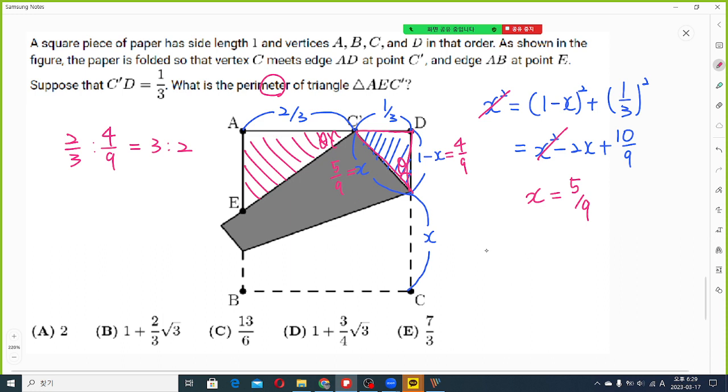14 over 9. Oh, wait, no, there's a height. 16, 16, 26 over 9. Okay. So when you add these three numbers, that's 4 over 3.